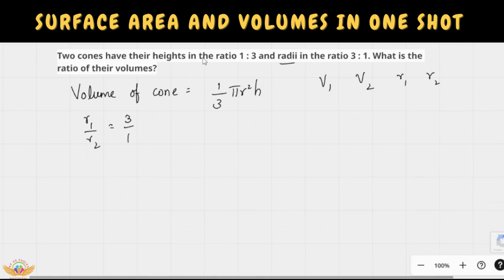And also they told the heights ratio. I'm taking H1 as the height of the first cone and H2 as the height of the second cone. Then H1 by H2 they have given as 1 by 3. Done. So directly I'm taking 3R1 as the radius of the first cone, and R2 as the radius of the second cone. Here I am taking H1 as the height of the first cone and 3H2.